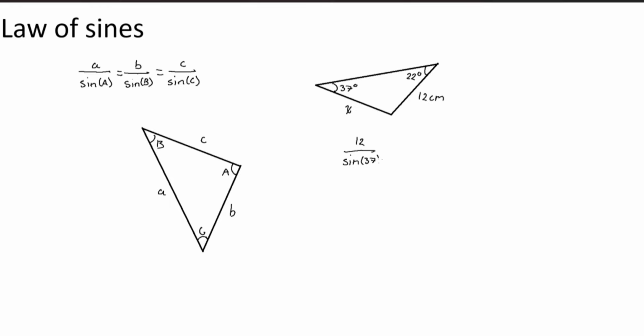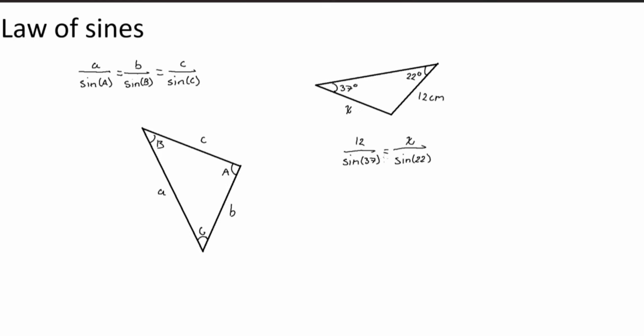That is proportionate to the other side, x, divided by the sine of 22, because the 22 degree angle is opposite of x. And we can just cross multiply here to figure out what x is.